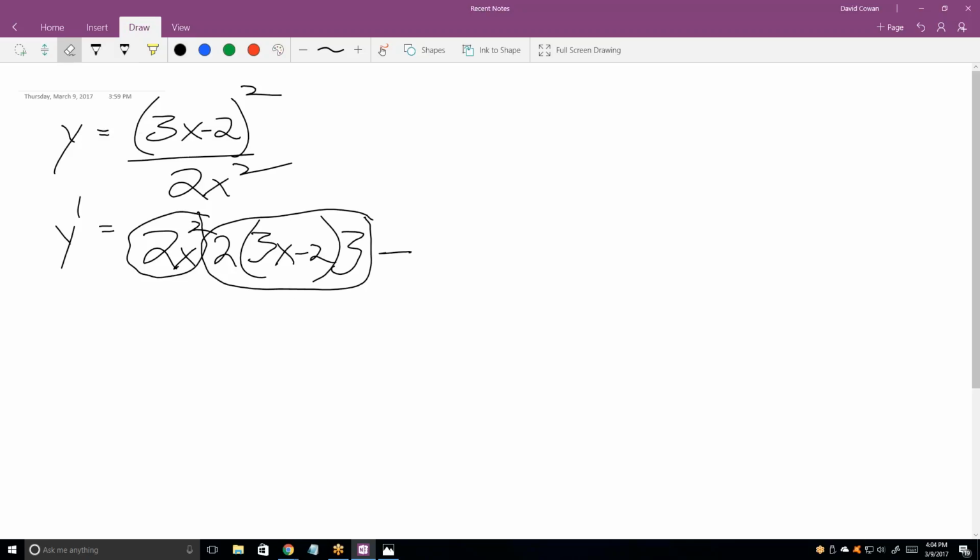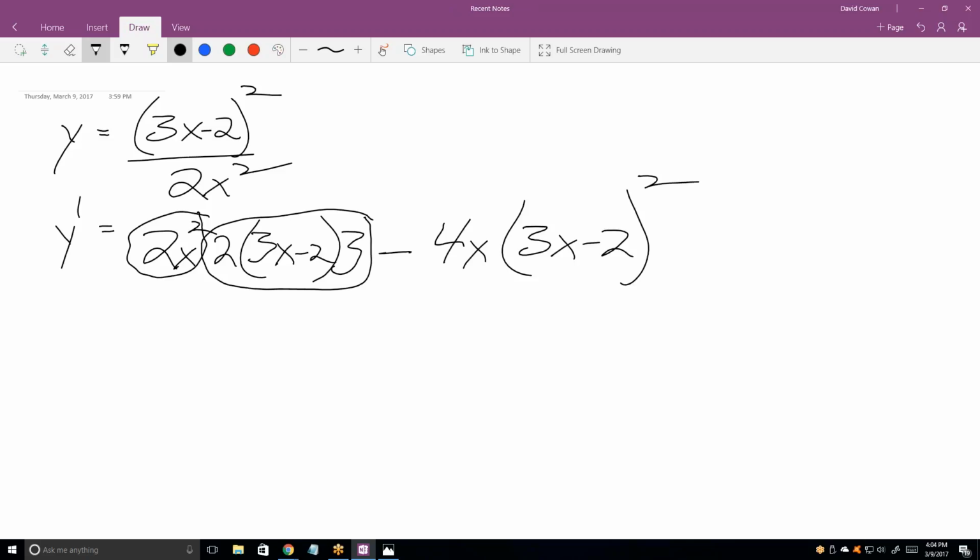Well, what's the rest of it? Minus 4x times 3x minus 2 squared. And don't worry about expanding that. Just trust me. In other words, most of the time you're not going to have to expand those. That's a perfectly fine way to present it. Okay.